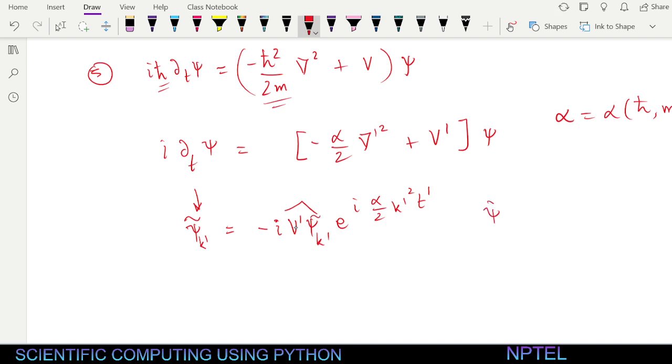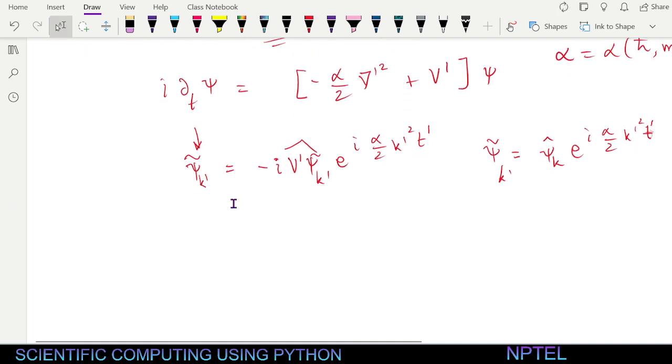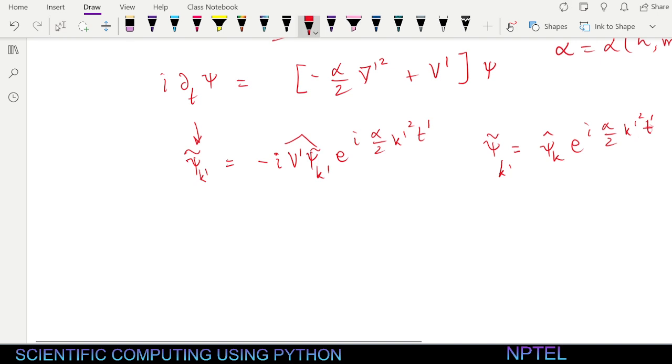Where this psi tilde itself has some exponential component, which is psi k exponential of i alpha by 2 k prime square t prime. Sorry, there should be d by dt here. So yeah, that was that. Any questions? And one thing about convolution, yeah.